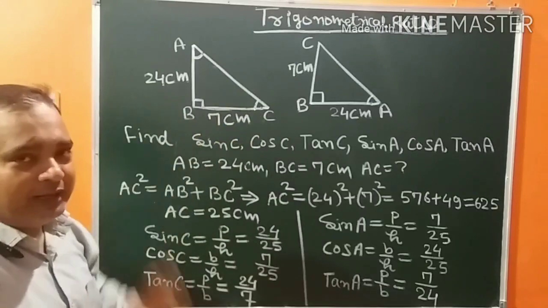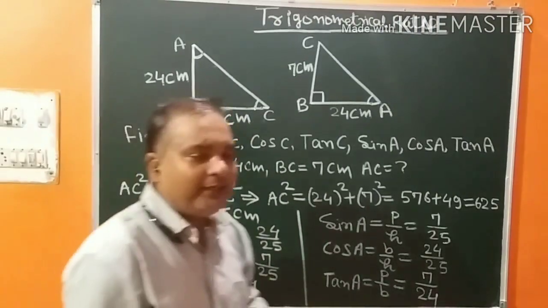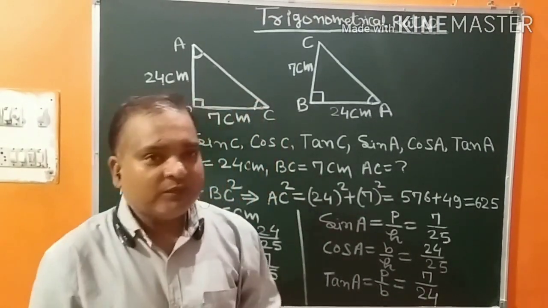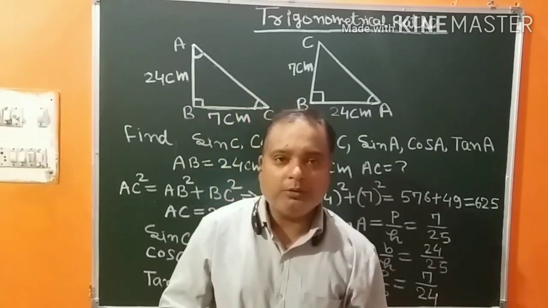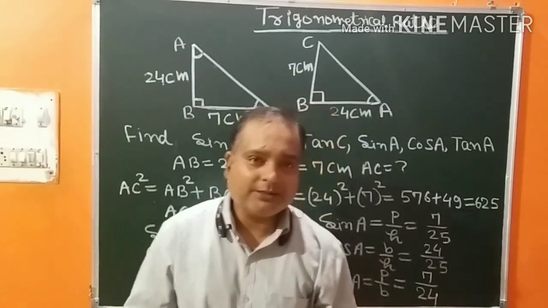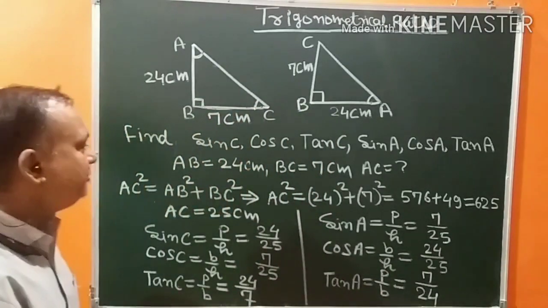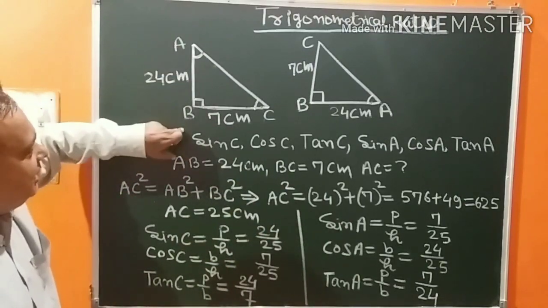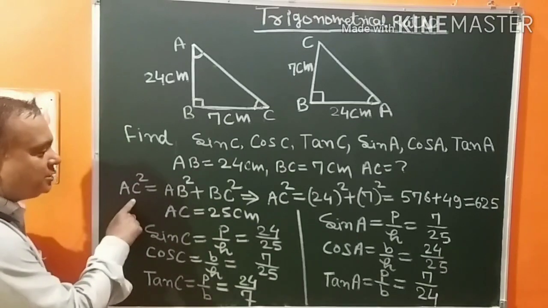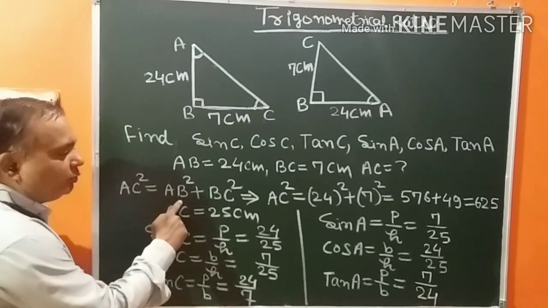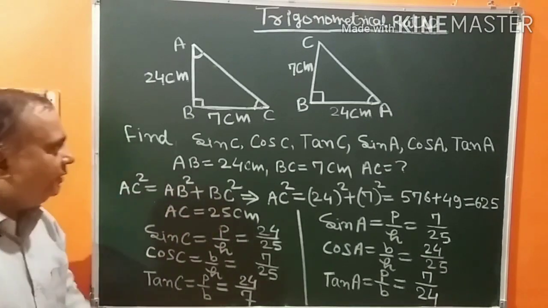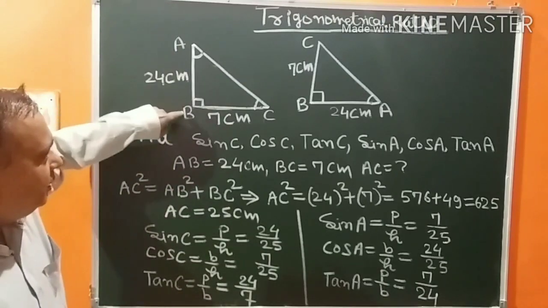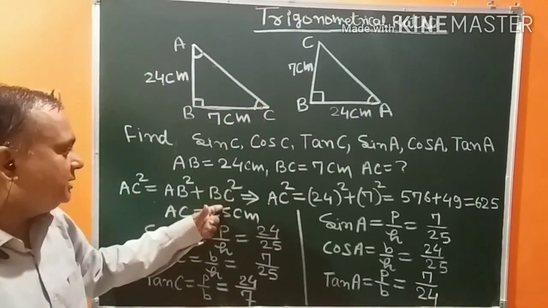What is the value of hypotenuse? But we know that by the Pythagoras theorem, the square of hypotenuse equals the square of perpendicular plus the square of base. So first we find the hypotenuse. In right angle triangle ABC, we can write AC square equal to AB square plus BC square, where AB is the perpendicular, BC is the base.